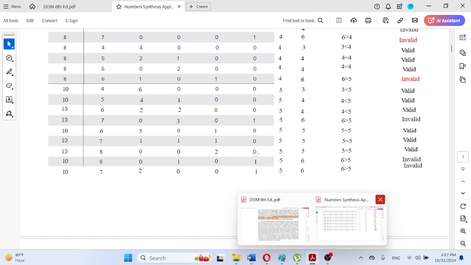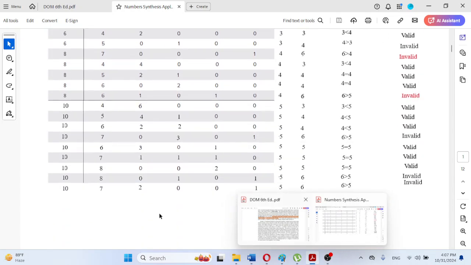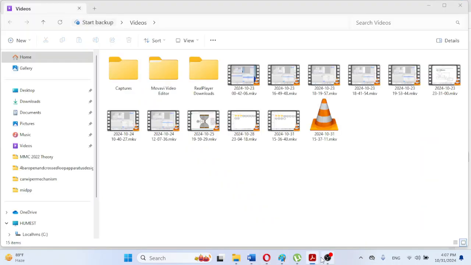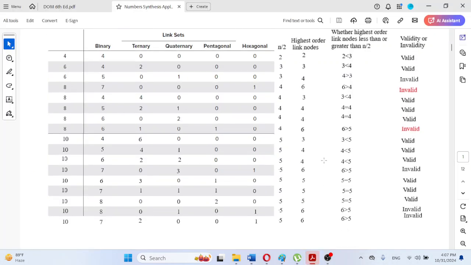So all these hexagonal link sets are invalid. In this way these columns have been added. After performing the number synthesis, we must also note this fact while tabulating the values, whether the link sets are valid or invalid.